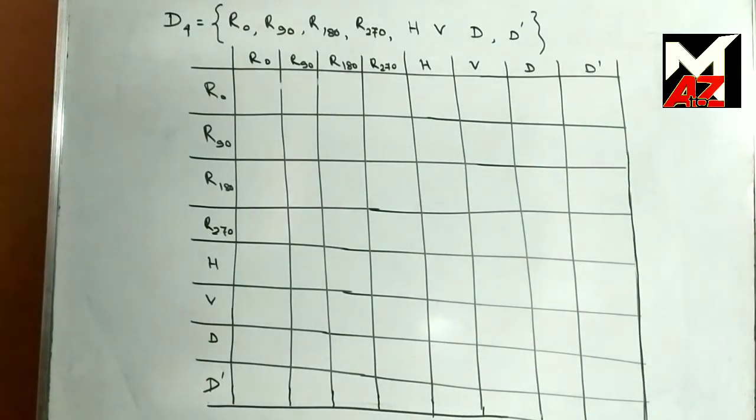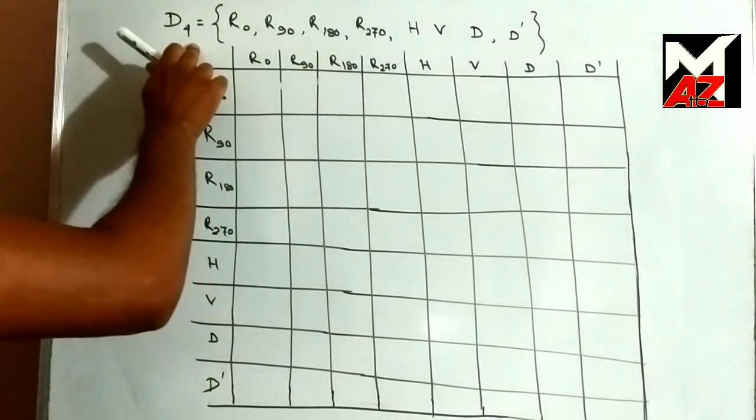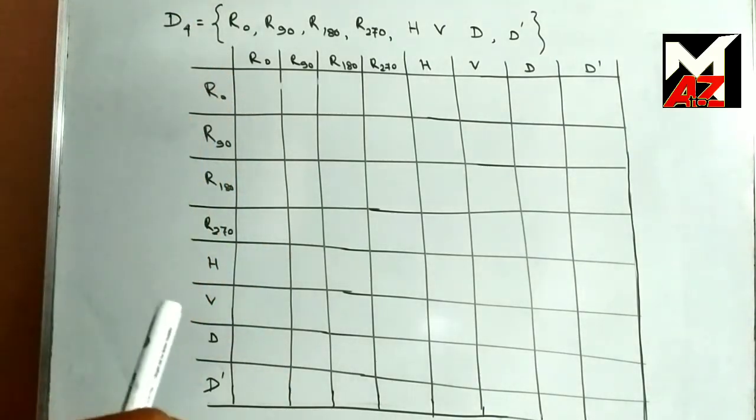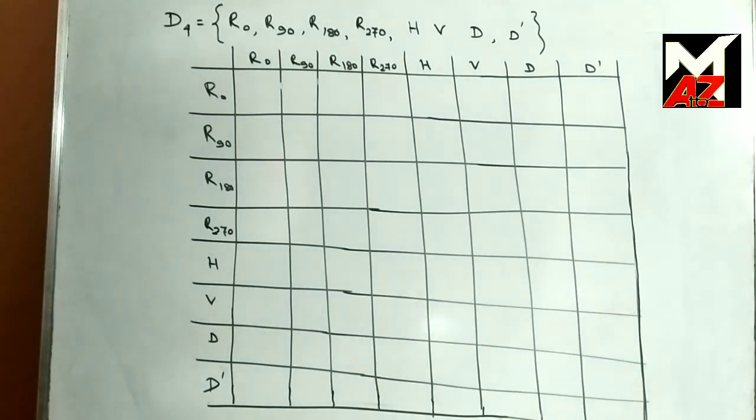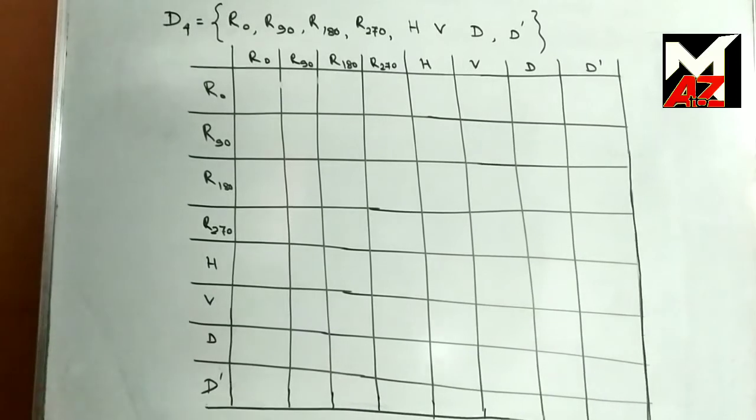We make a composition table on this set with the binary operation being composition of movements, and we fill up the table.